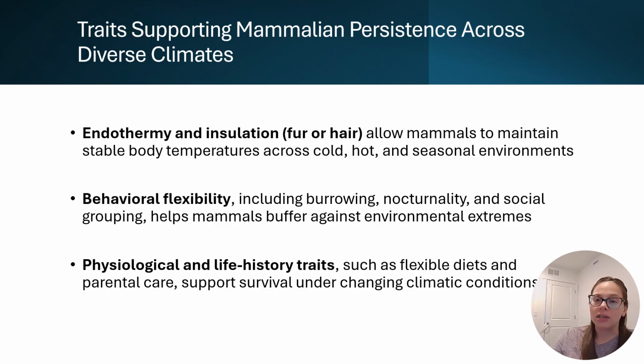Behavioral strategies such as burrowing and social living further help mammals cope with thermal stress and reduce variability. Together, these traits provide resilience to climatic instability and have allowed mammals to survive major environmental changes through evolutionary time.